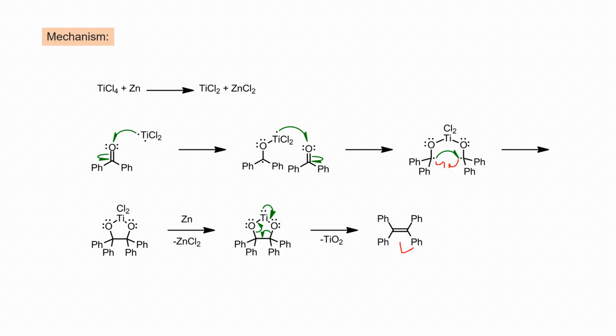So this is called the McMurry olefination reaction, where you can couple two carbonyl compounds to get an alkene as your product.